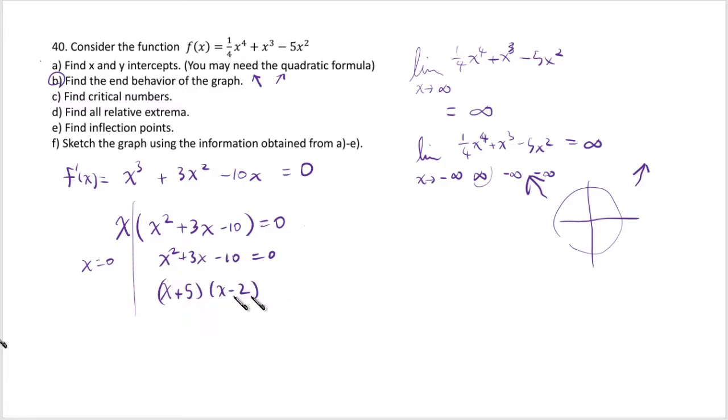So this factors like this, and that gives you x plus 5 equal to 0, which gives x equals negative 5, and x equals 2 from the second one. So we have the critical numbers negative 5, 0, and 2. Okay, so we got this.